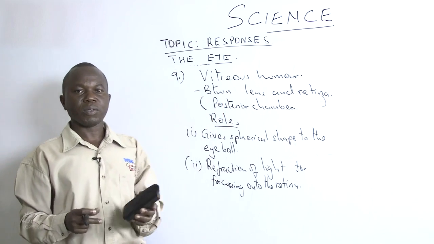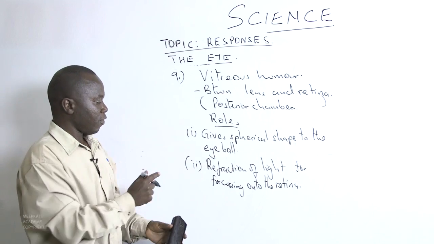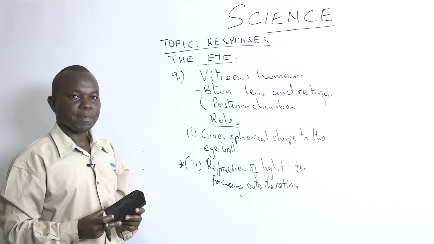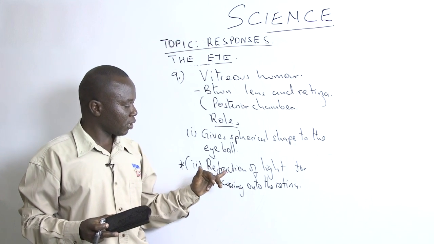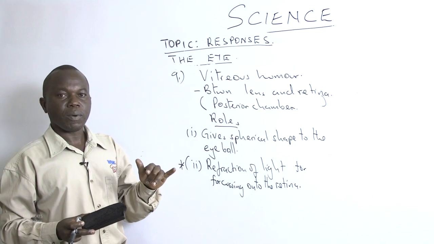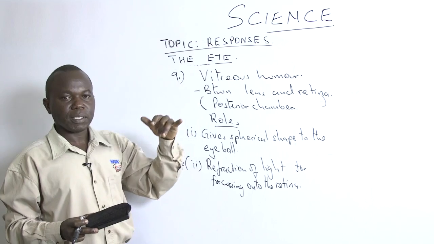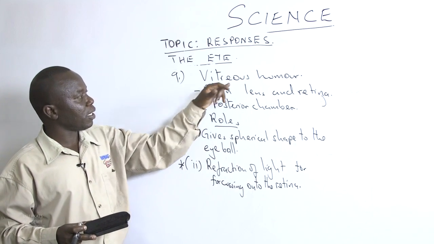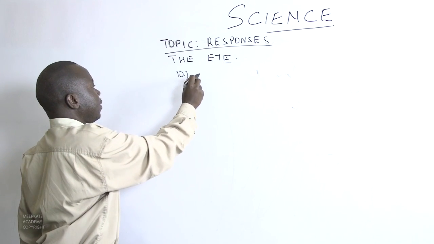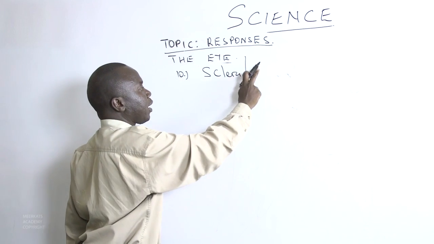And remember, if you look at your diagram, vitreous humor takes the largest part of the eye for it to accomplish the very last refraction that happens. So we have mentioned three structures that help in refraction: one is the cornea, two is aqueous humor, and three is vitreous humor. But the largest bit is taken by the lens and also by the vitreous humor. Number 10 is sclera. Sclera is also called the sclerotic layer.